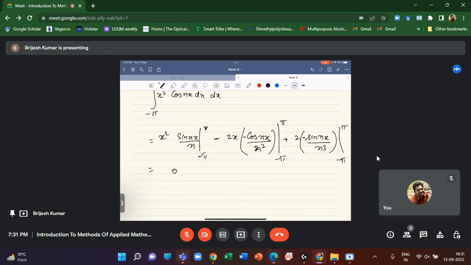And minus minus plus, 2x cos n pi and minus cos n pi, this will again be 0. If you write this one, sine n pi and minus sine n pi, so sine n pi upon n cube minus sine minus n pi.